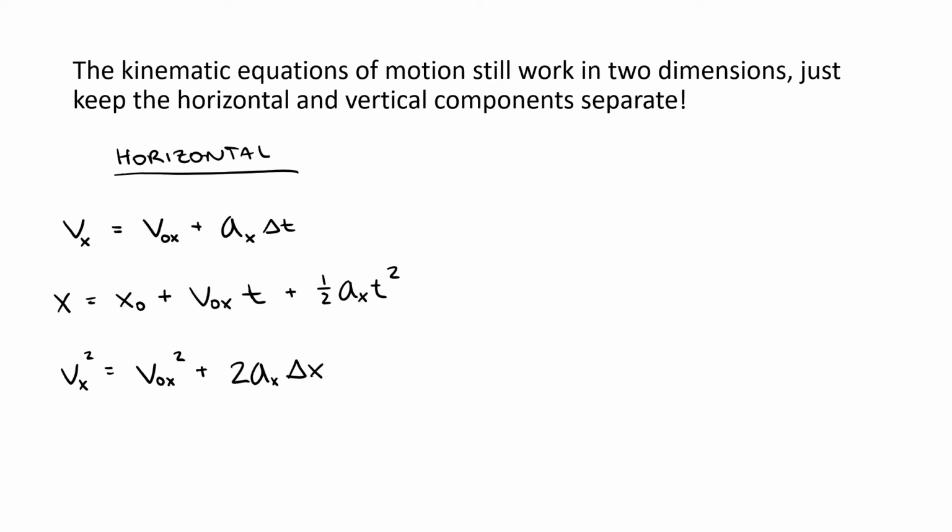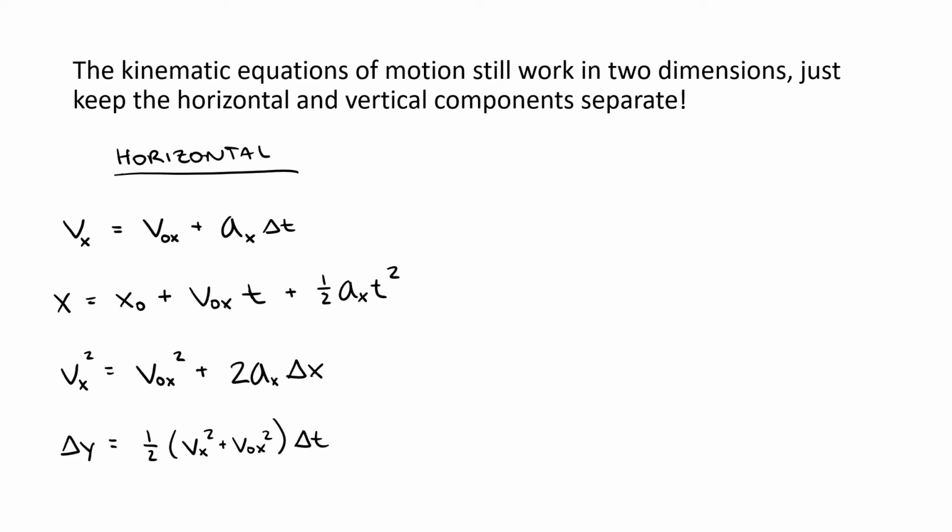And that last one, I'll write it as this: equals 1/2 vx squared plus v naught x squared times delta t. Okay, so these are the exact same things that we've seen before, except I've added a little bit more labeling on these.